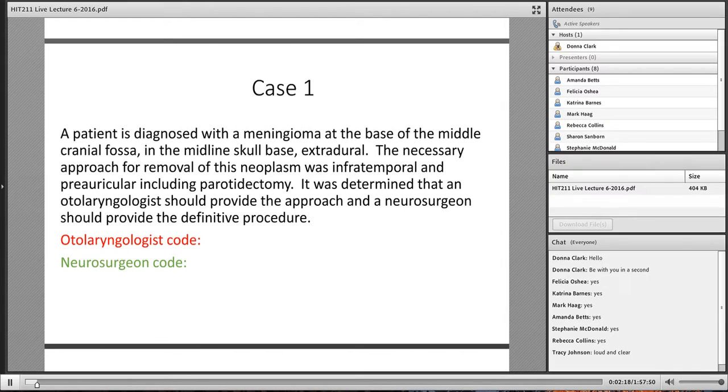That's where we're going to start. Once we cover the coding, then we're going to do a quick little overview of the cases for the week, and then we'll be done for the night.